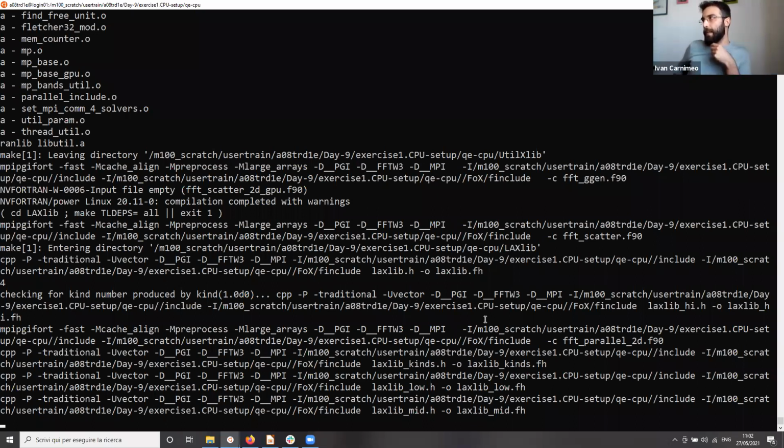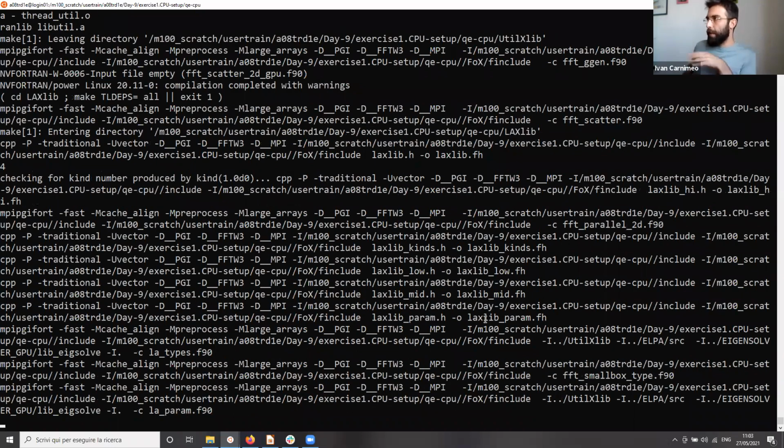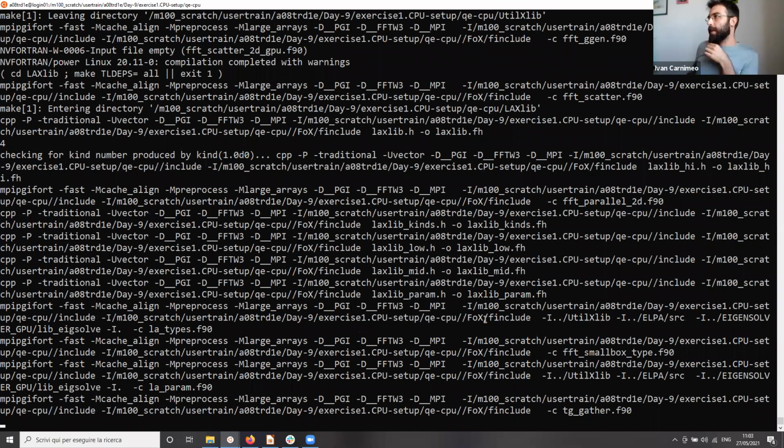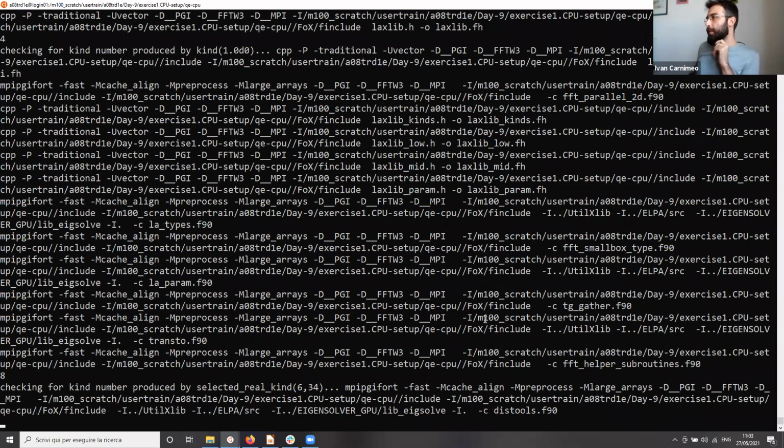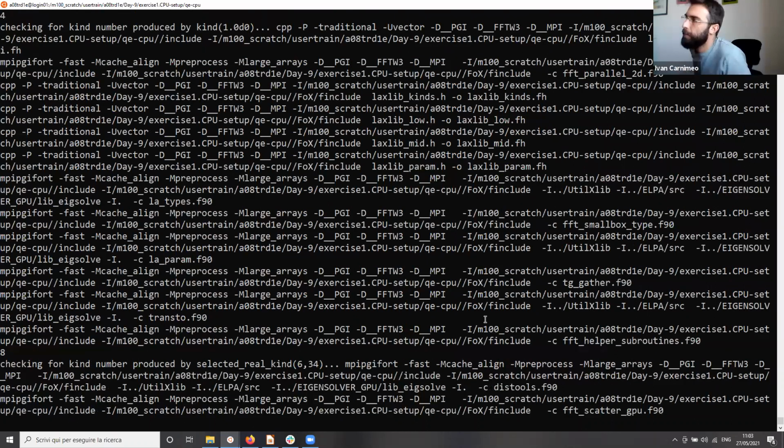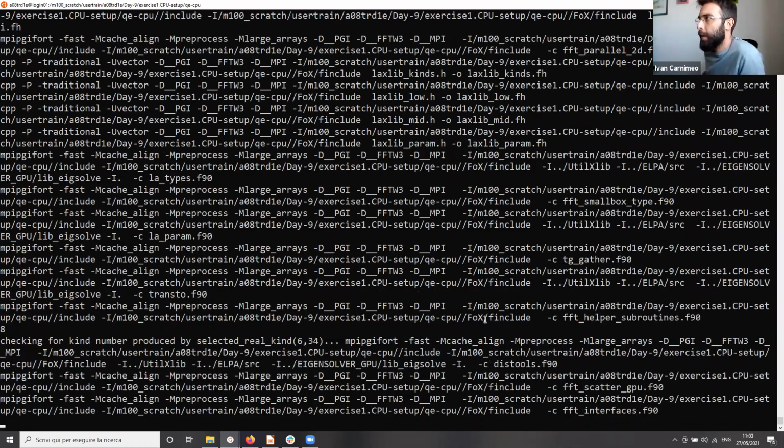If you are late, you can even not do that, because it's just a mechanical thing. The important thing is loading modules and configuring and seeing what happens after the configure. And after that, when you launch the compilation, usually you are not getting any problem from that.